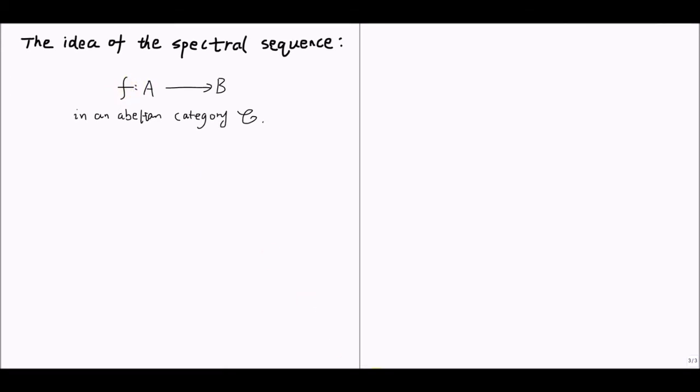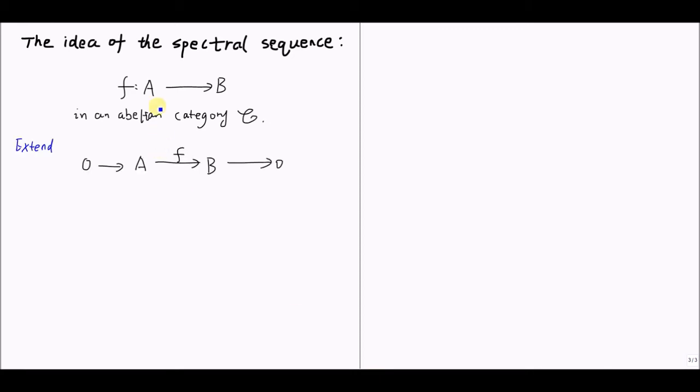Instead of attacking directly, we may want to think of it in the following way. Let's first extend this into a diagram by adding two zero objects and zero arrows. We know that f is a monomorphism if and only if the kernel of f is 0.